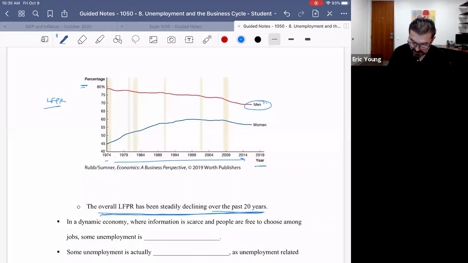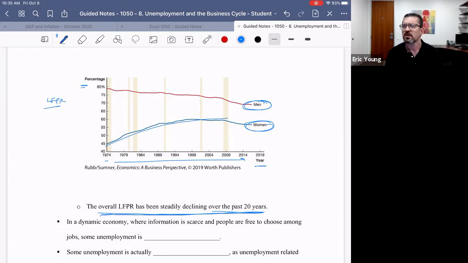You notice that this decline in the rate of American men in the workforce is being offset primarily by the increases in the rate of American women as a part of the workforce. So again, we see some trends, we see some weird things that are tied to age and an aging population.